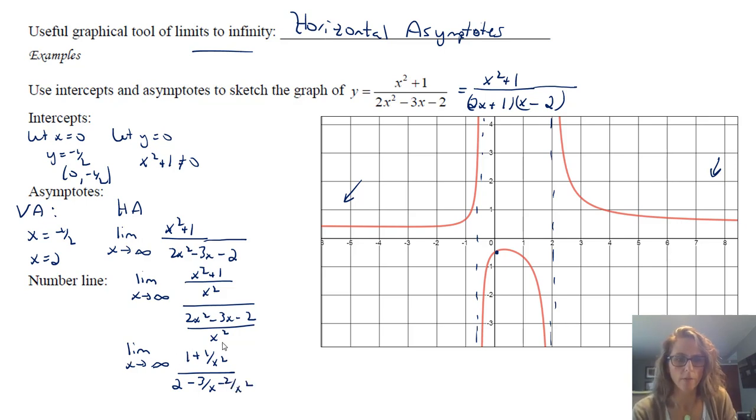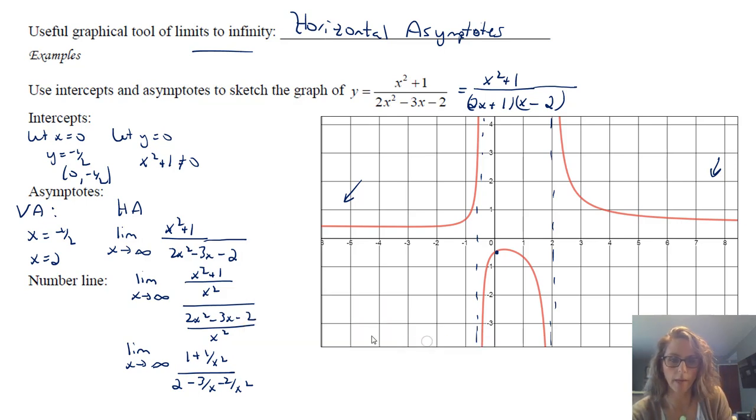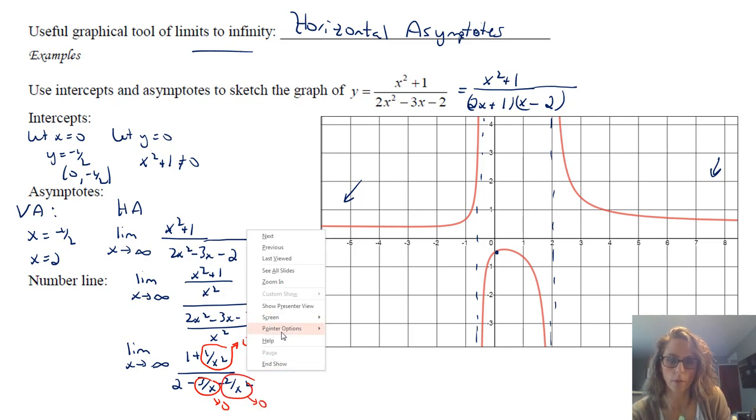And so you can see already, just from the fact that we've done a problem very similar to this, that this is heading to 0, this is heading to 0, and this is heading to 0. And so that's just going to leave us with 1/2.